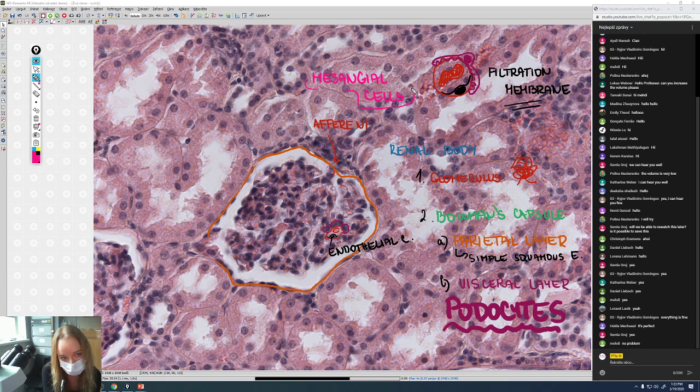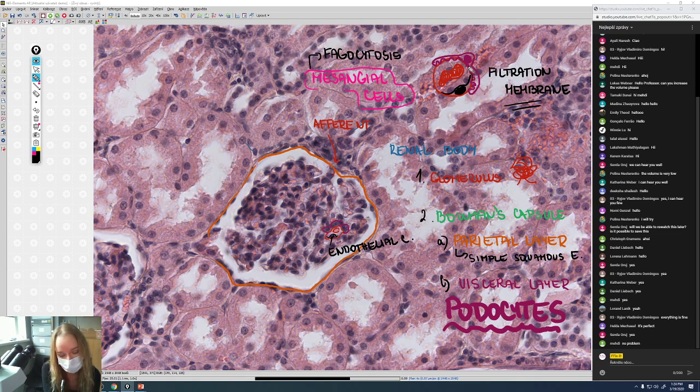Mesangial cells are special. They are kind of like macrophages in the renal body, but special macrophages. So the main function is phagocytosis.